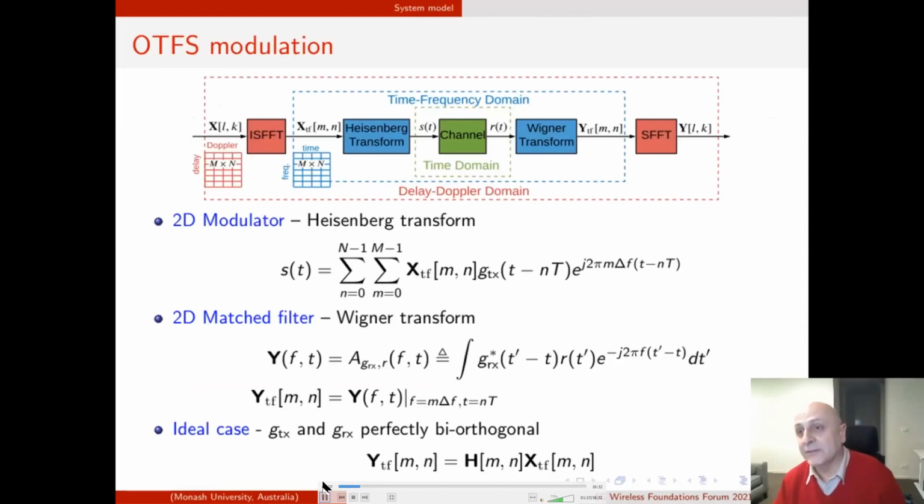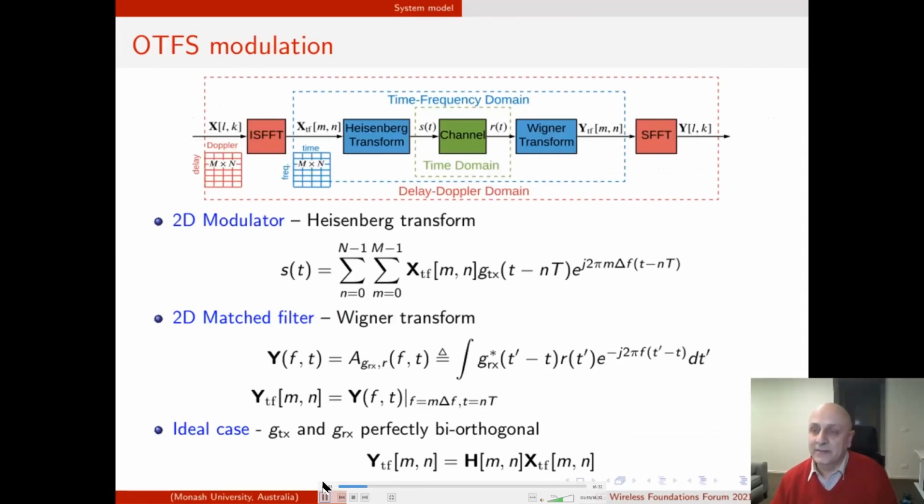The following diagram shows the operation of OTFS modulation and demodulation. As you can see, there are three domains. The outer domain is the delay-Doppler domain, and that's where the information symbols are located at the transmitter and where they are recovered at the receiver.